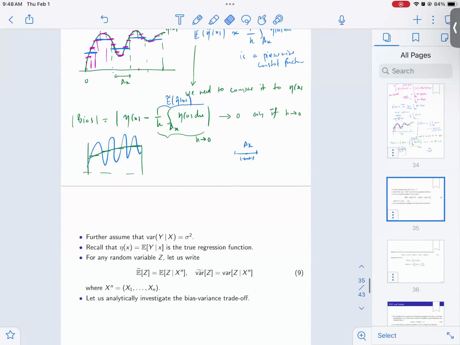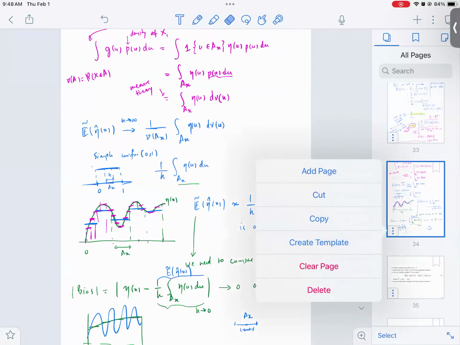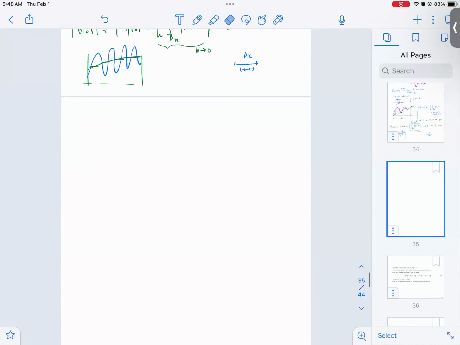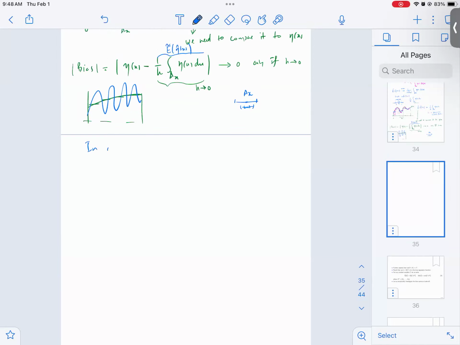Okay, so I'm going to make an assumption here. I want to give you something concrete. In order to analyze or bound the bias further, we need to impose some assumptions on eta, the true regression function.